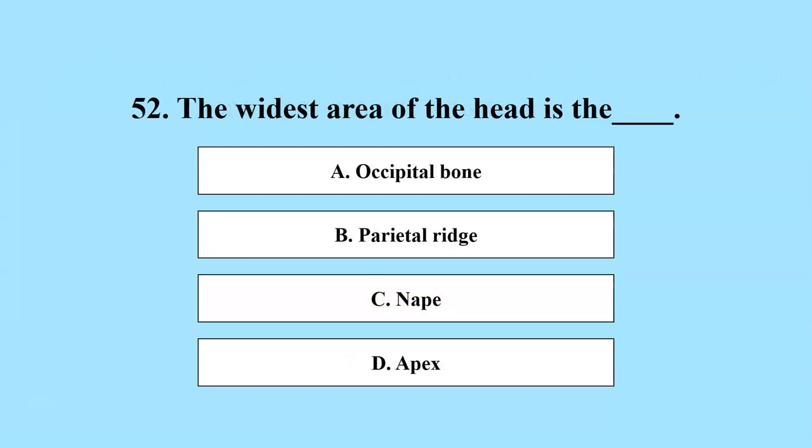The widest area of the head is the occipital bone, parietal ridge, nape, apex. If you chose B, parietal ridge, you are correct.